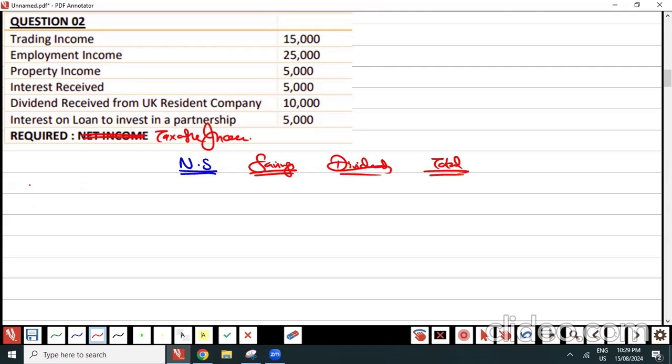Tell me one by one. Trading income in non-savings 15,000. Employment income and property income will go in non-savings.